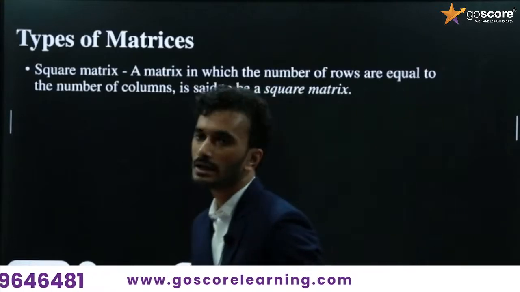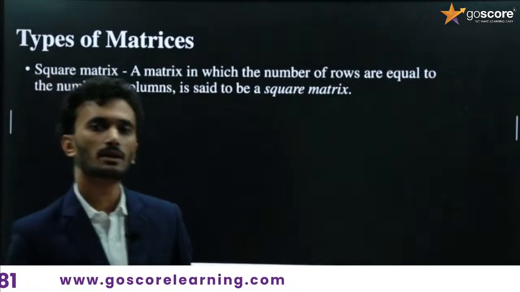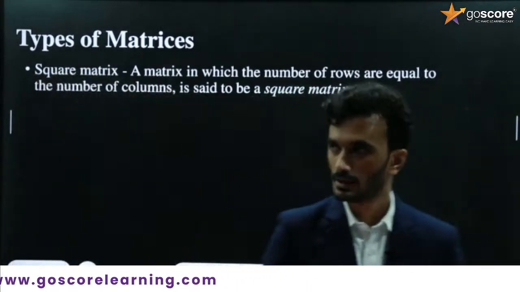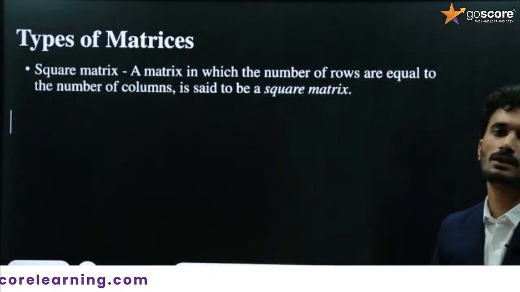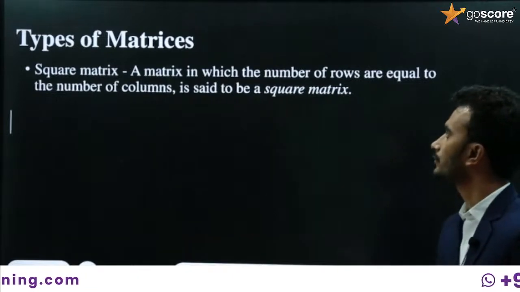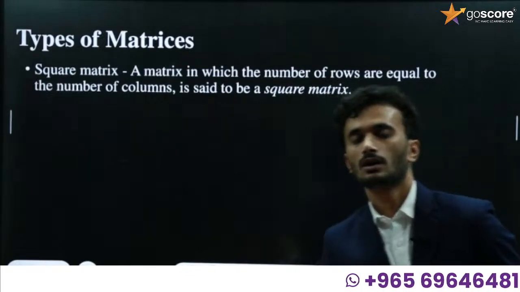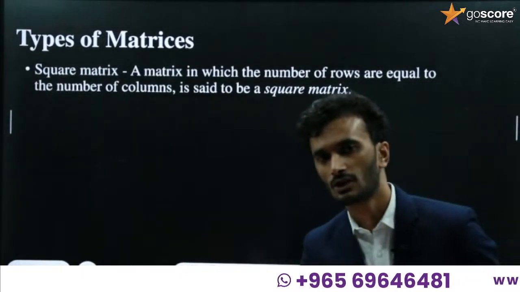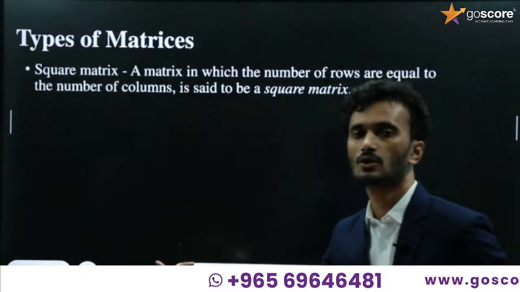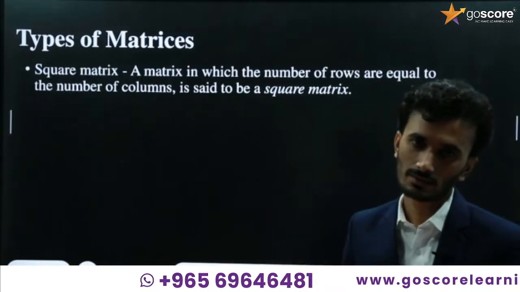Then square matrix. What do you mean by a square matrix? If the number of rows and number of columns are equal, we can say that the matrix is called a square matrix.